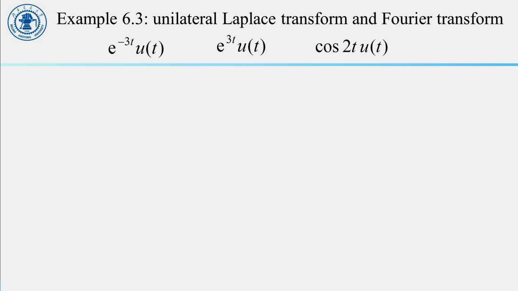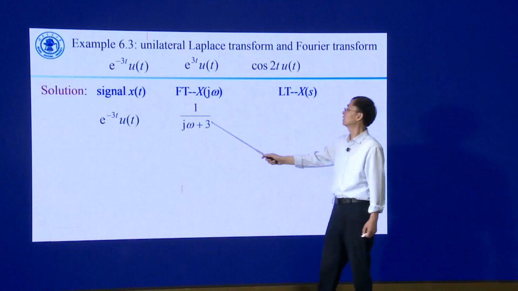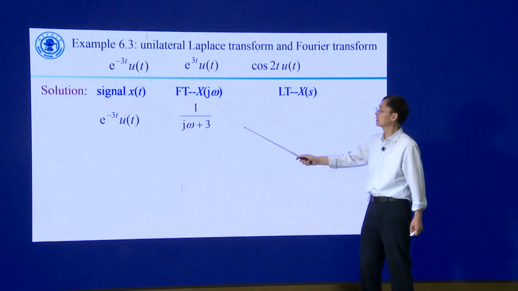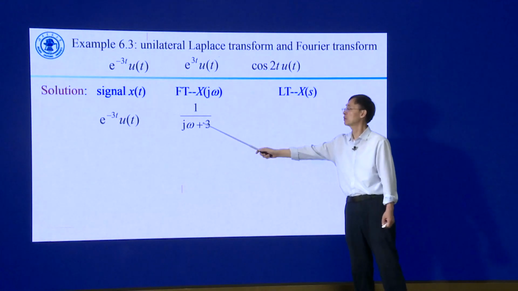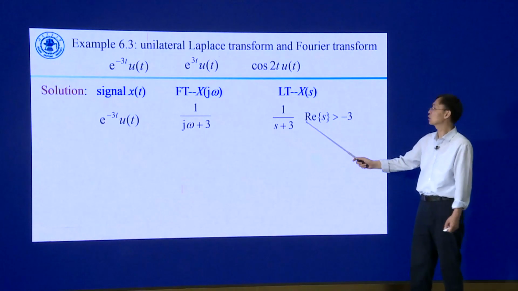Here is some relationship between the Fourier transform and the Laplace transform for the same signal. If the signal is an exponential signal, its Fourier transform is this expression. This is the Laplace transform.